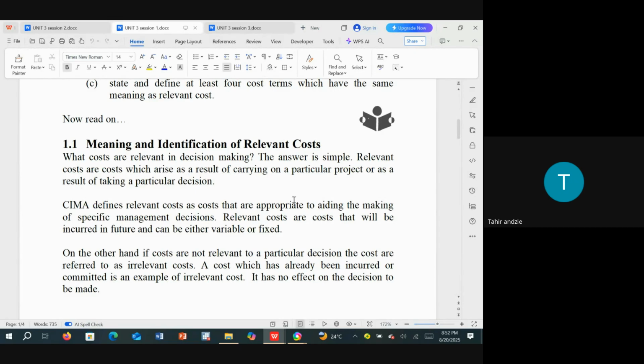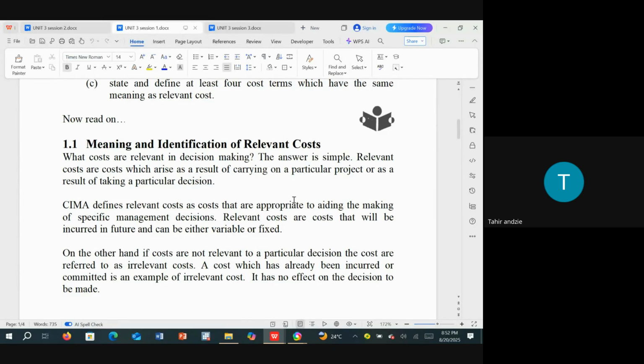Relevant costs are costs which arise as a result of carrying on particular projects or as a result of taking a particular decision. So a relevant cost is a cost that will arise or will be incurred, that will change as a result of carrying on a particular project or as a result of taking a particular decision.